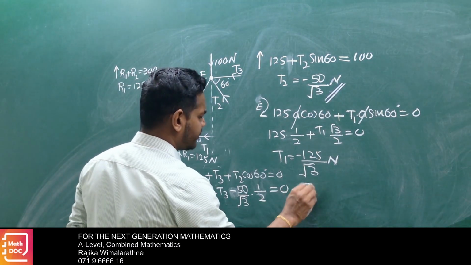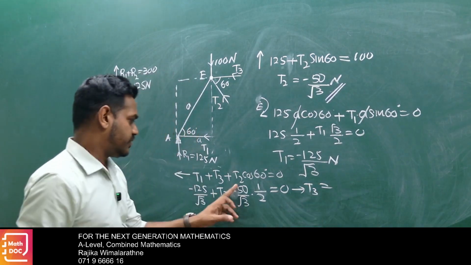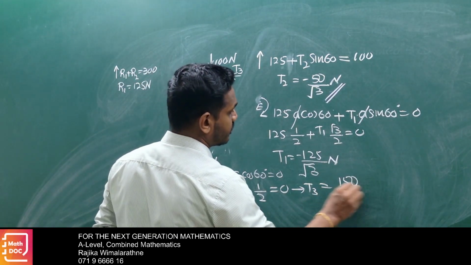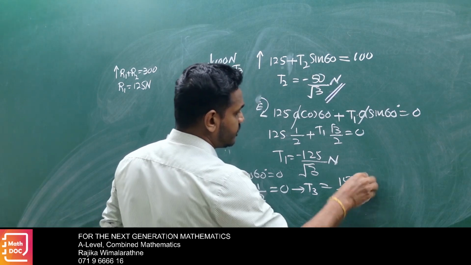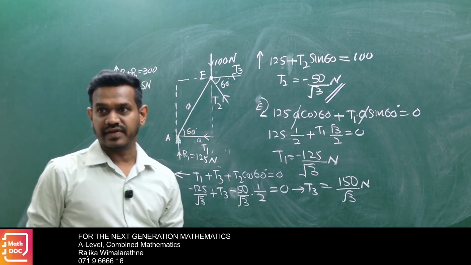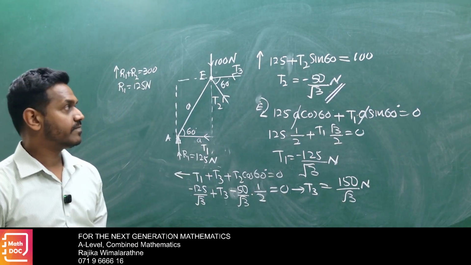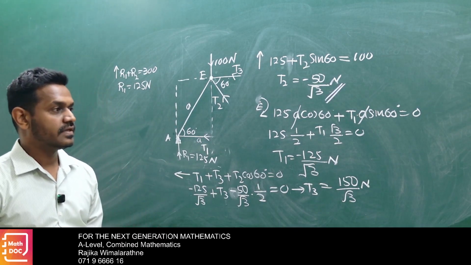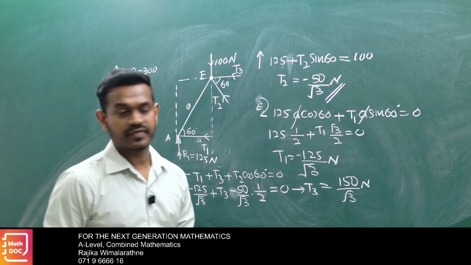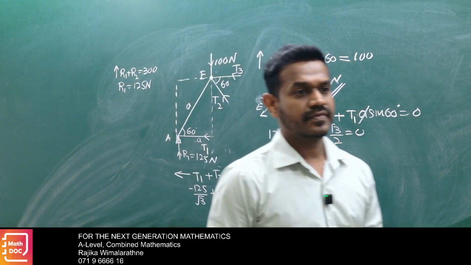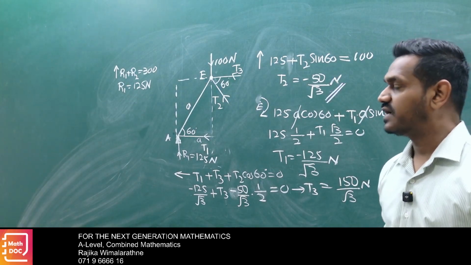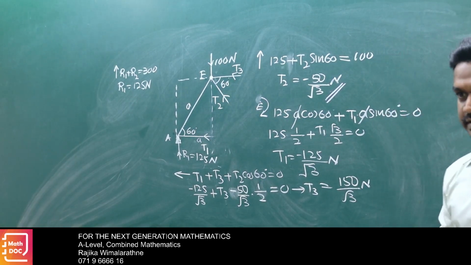Then here T3 is 150 over root 3. That is the T3 value. Likewise, we can find the required rod easily by this method of sections.